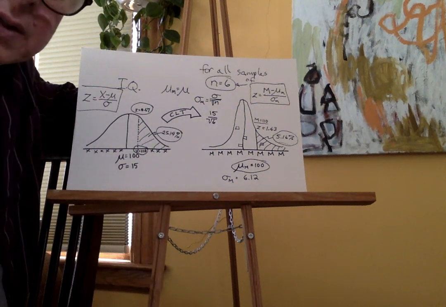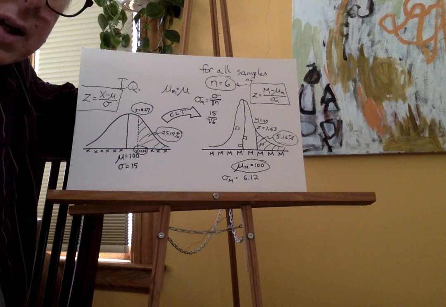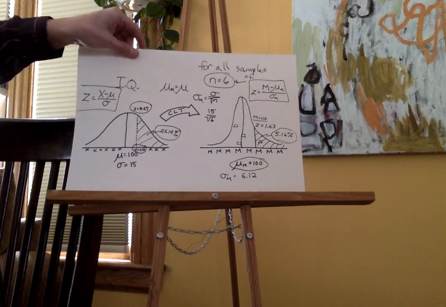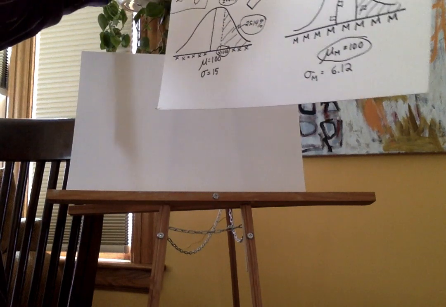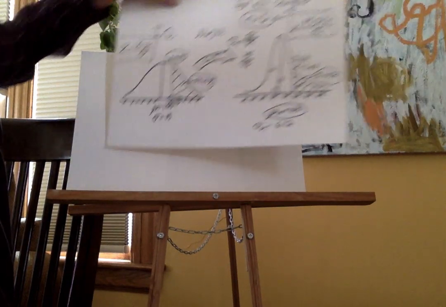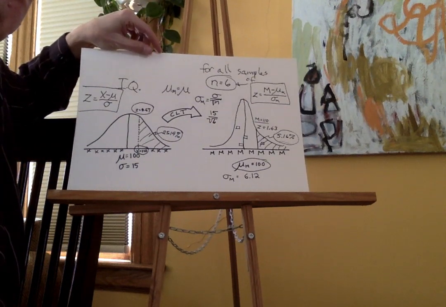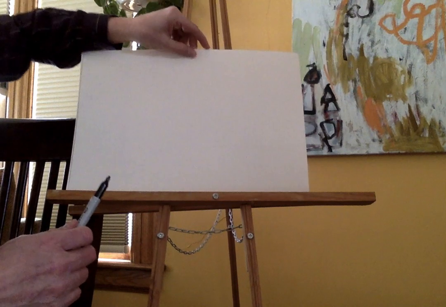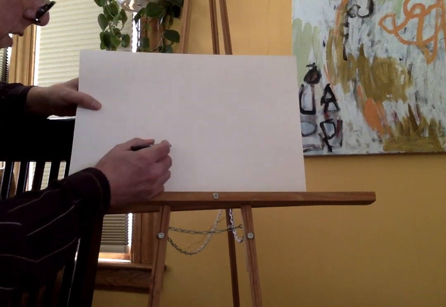Another way to look at this, let's see if we can do this example, okay? And it's going to be sort of the complement to this example. So let's do it. We're going to start again.